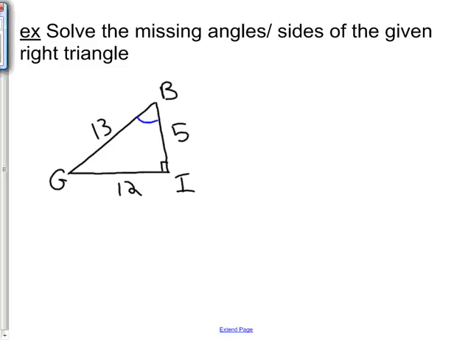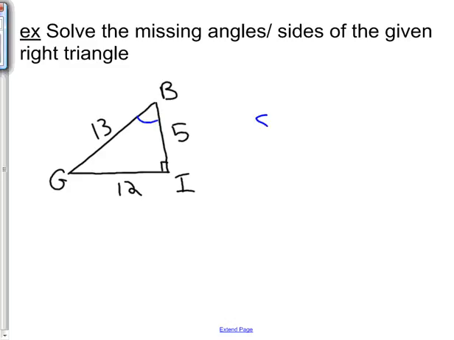How do we want to find angle B? We know all three sides, so we can use any of them. What do you want to use? Sine.